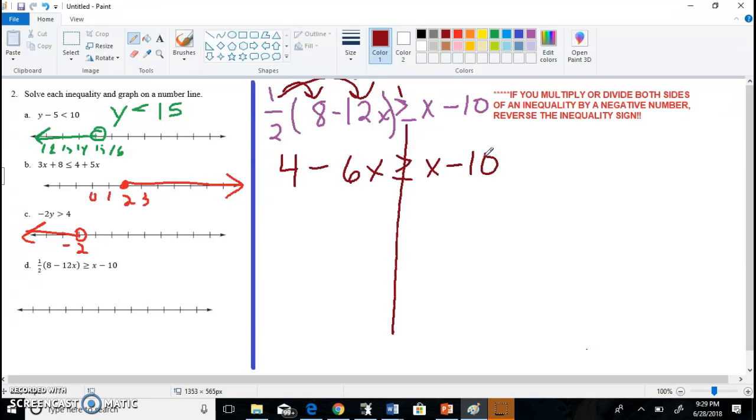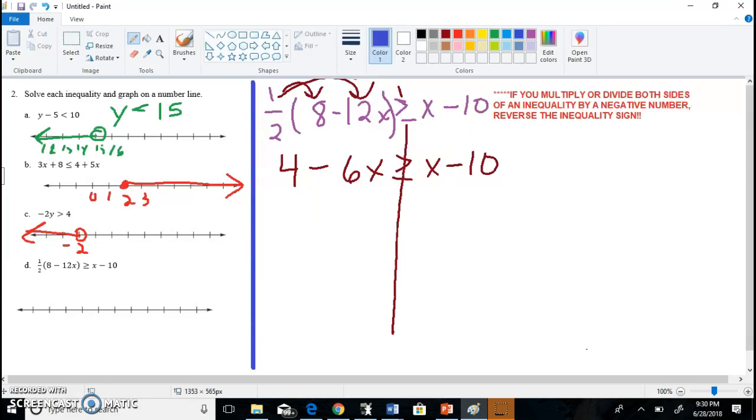Okay, so now we want to check again to see if anything can be simplified. On the left, 4 minus 6x, you can't go any further. x minus 10 on the right, you can't go any further. So now we need to solve for x, except there's an x on each side, so we need to consolidate them on one side.